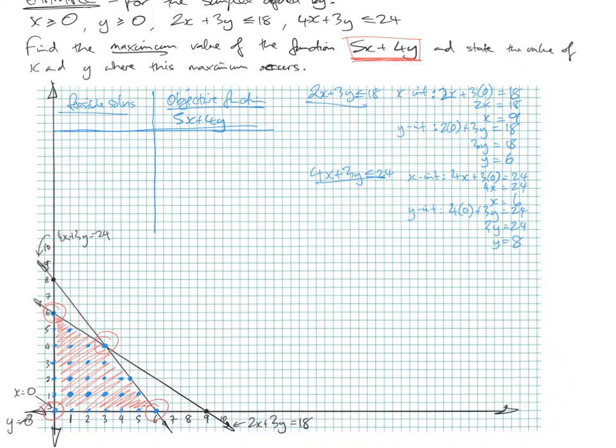We don't need to run all the other ones because the maths shows us that the optimal value of the function is going to happen at one of the corners of the feasible region. This would be a waste of time to find all of those. So that saves us a lot of heartache.